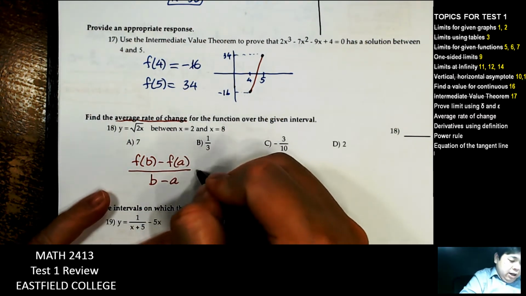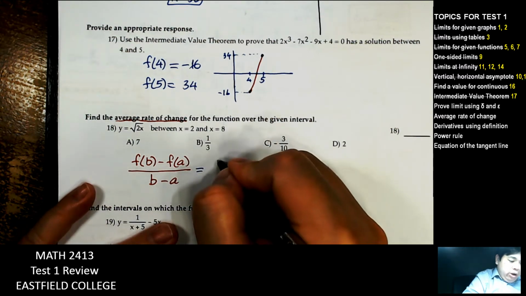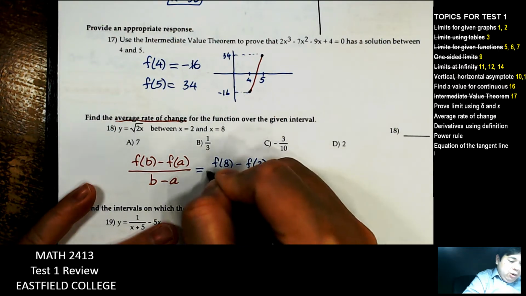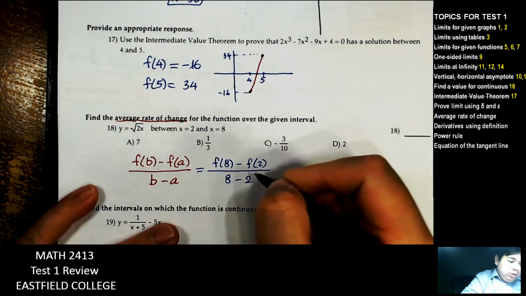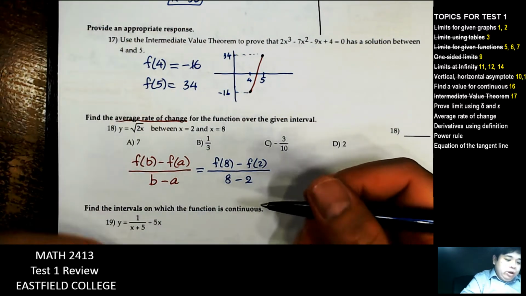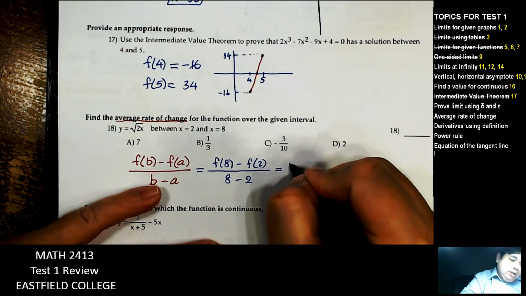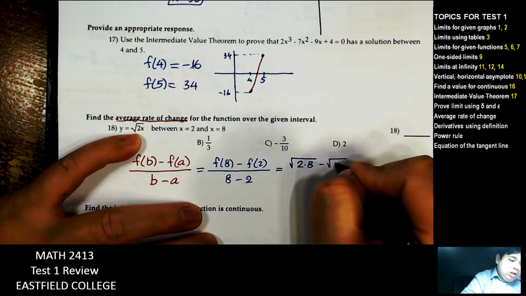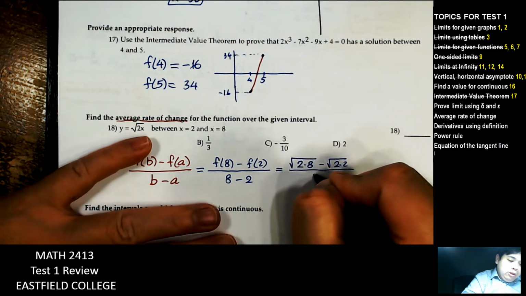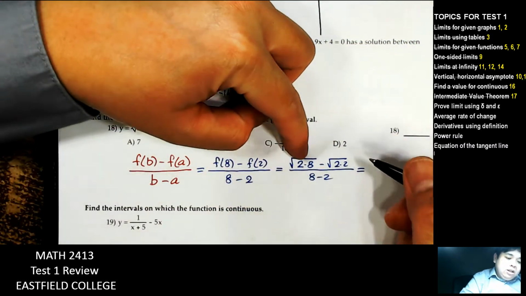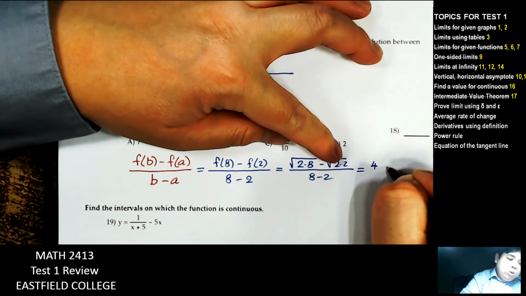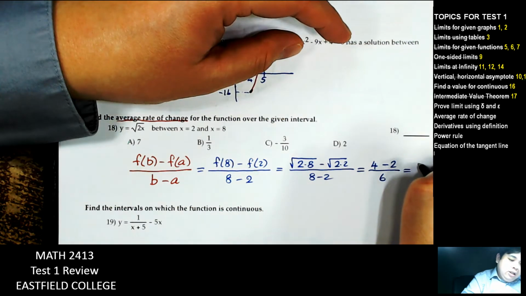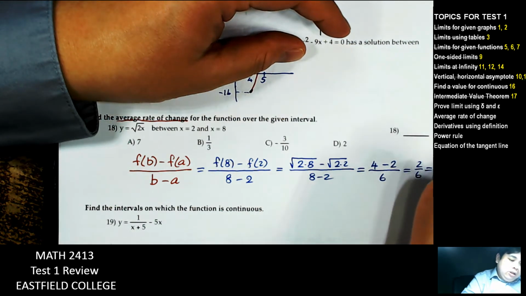In this case, we have from 2 to 8, so we have f of 8 minus f of 2 over 8 minus 2. We put 8 in it and then 2. That is the square root of 16, which is 4, minus the square root of 4, which is 2, over 6. 2 over 6 is 1/3.